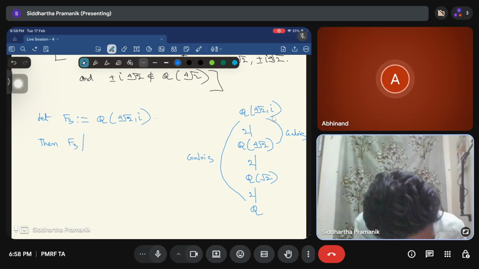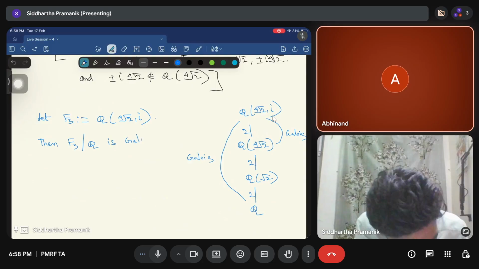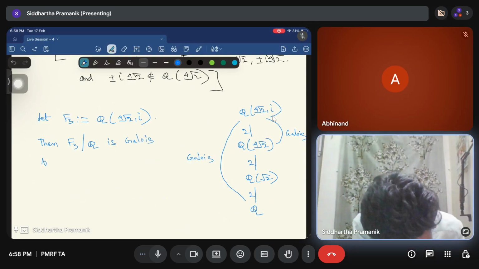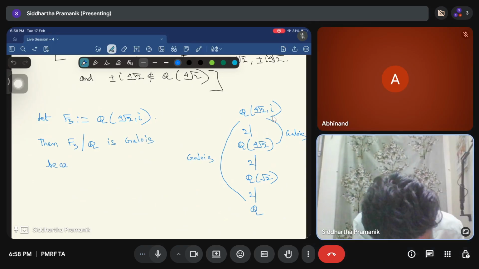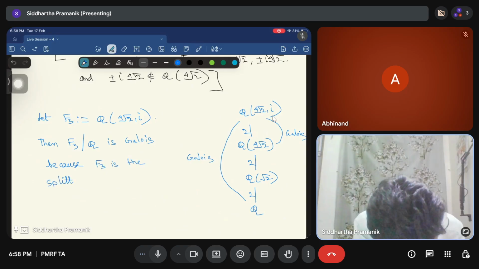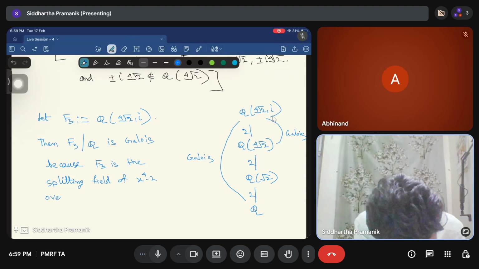But why is F3 over Q Galois? So this is Galois because F3 is the splitting field of x power 4 minus 2 over Q.